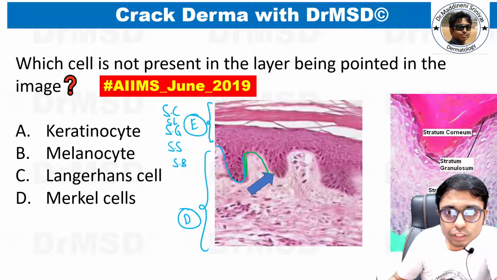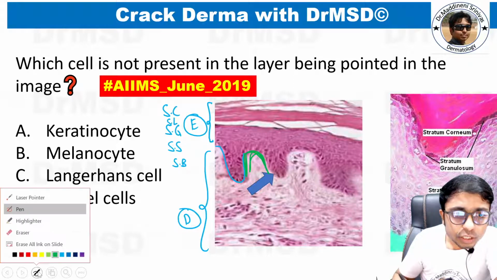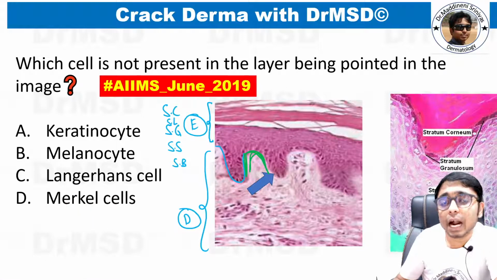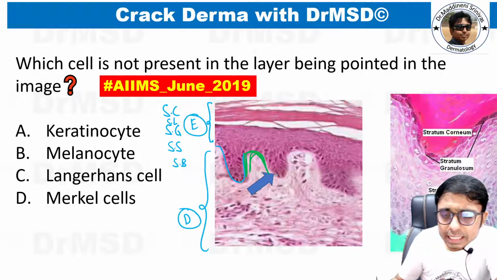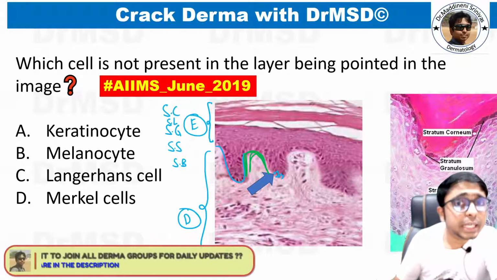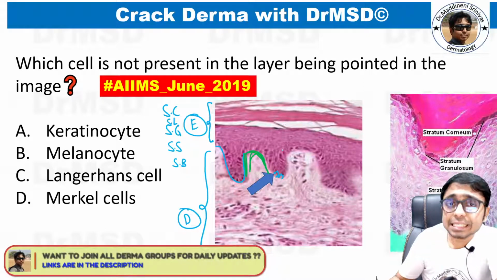So the green structures are the dermal papillae and the blue structures are the rete ridges. Rete ridges and dermal papillae are present alternating with each other, and you can see the arrow is pointing towards one of the rete ridges, at the most basal layer of the epidermis. So it is trying to tell that it is the stratum basale which I am pointing to.